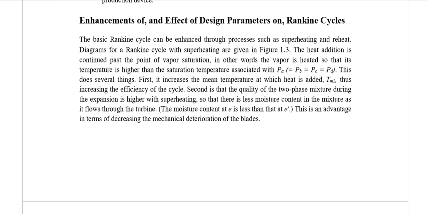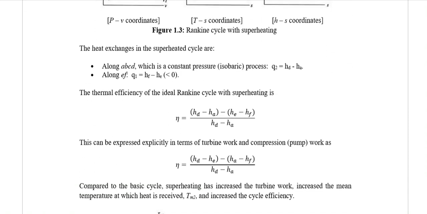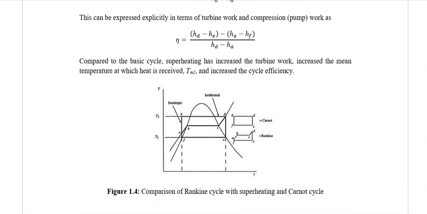So in mechanical terms you have improved the performance as well. And you are increasing the average temperature, as we have said, so you are going towards the efficiency of the Carnot cycle.